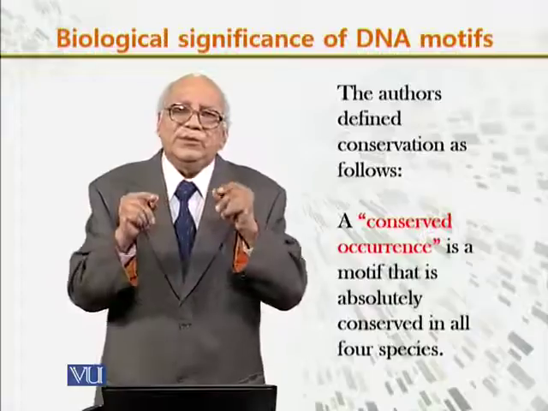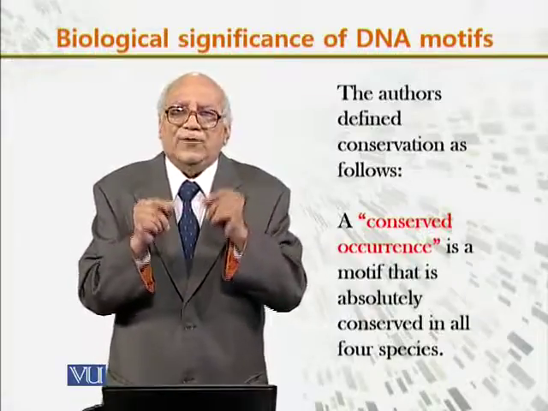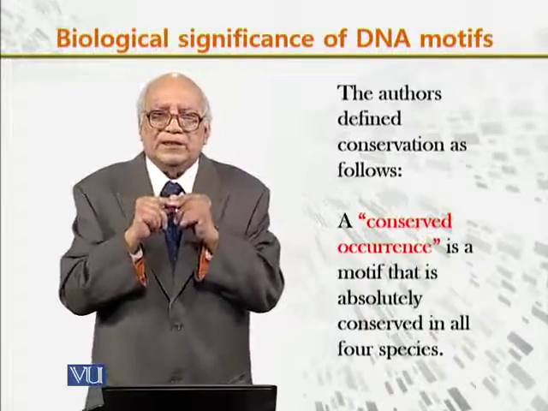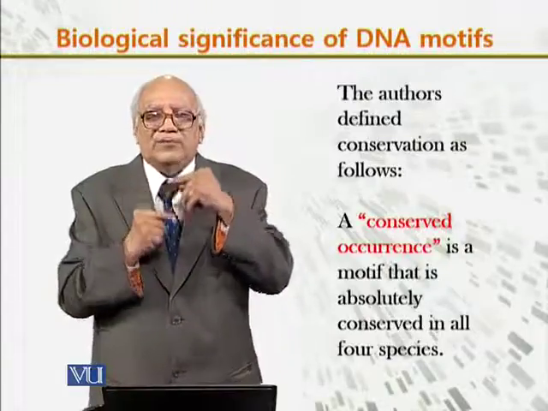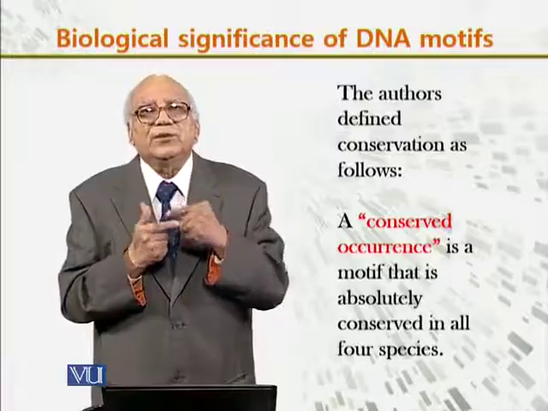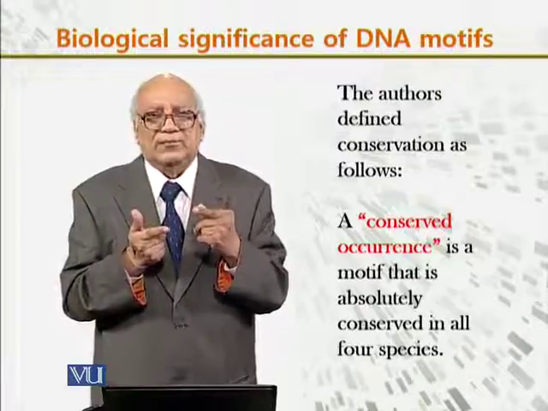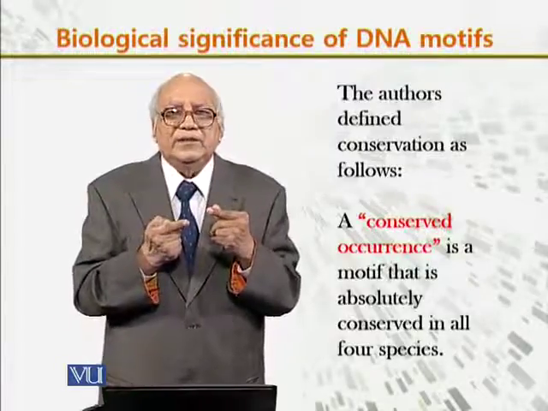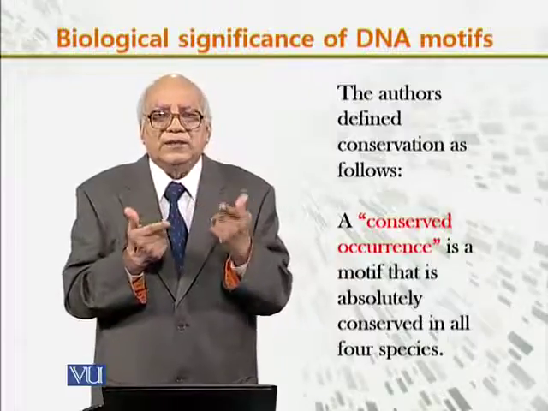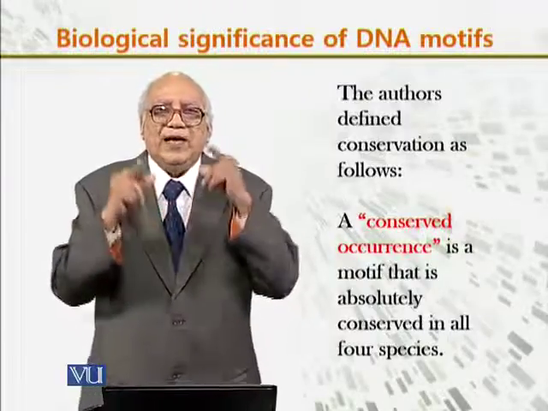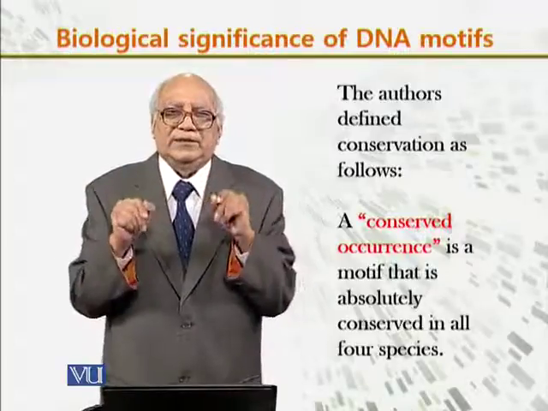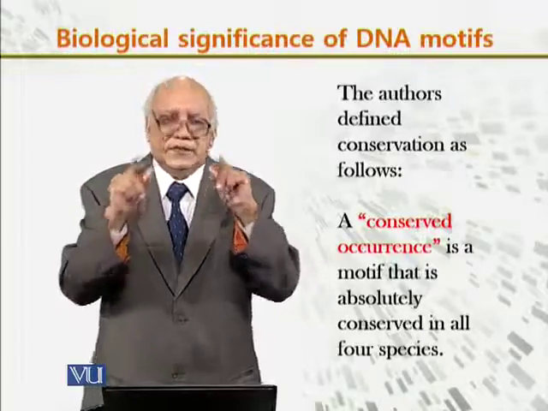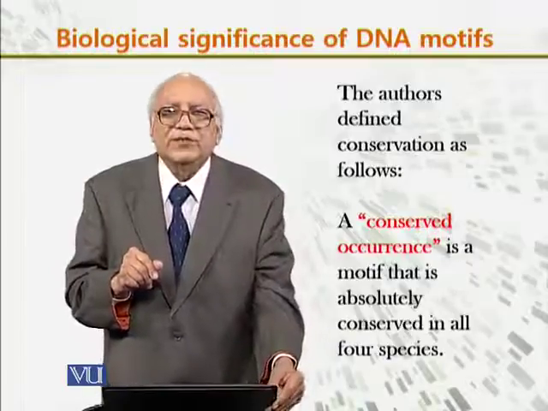That is, a small sequence pattern should occur in all four species, which are so different: human, rat, dog, and so on. And we should find it absolutely conserved in all these species when we study it.